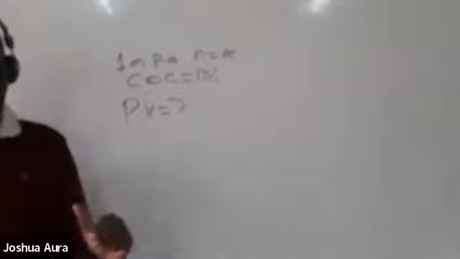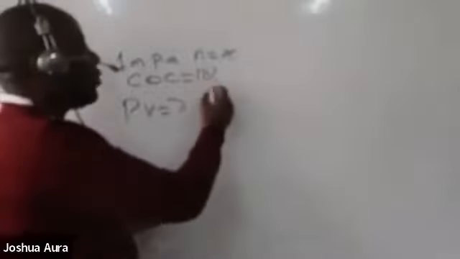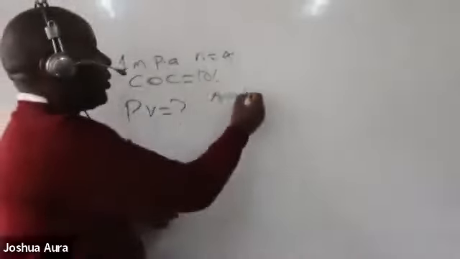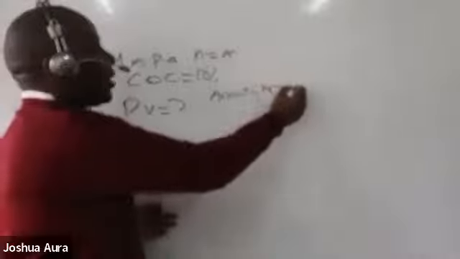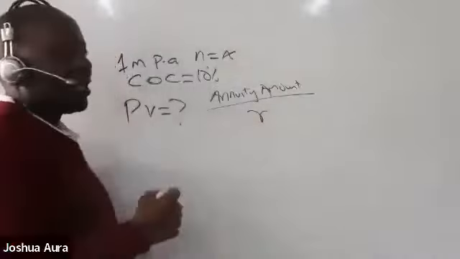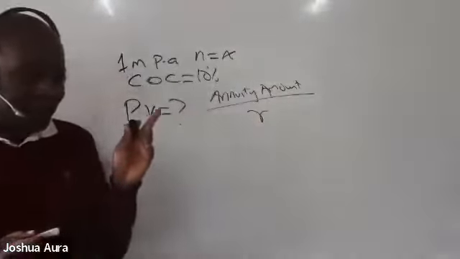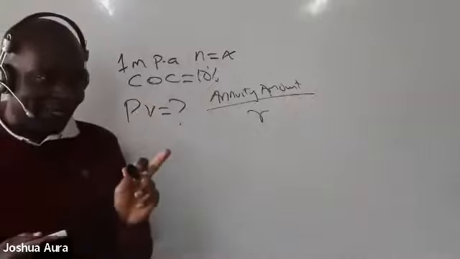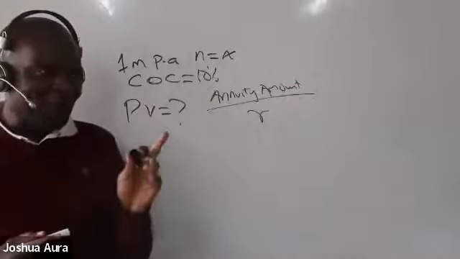In this case present value will be the annuity amount over what here? Is there somebody who is able to remember this kind of a concept? They have forgotten, eh? Or you remember 1 over R.